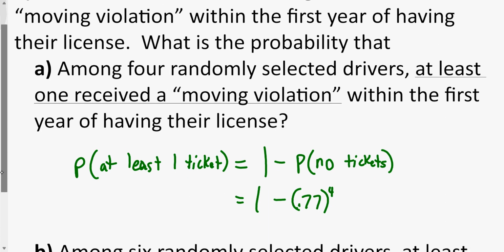Now, by the way, this probability theoretically would change slightly because you're taking one person out, but it's such a huge population. With large populations, we're going to assume that they're independent, okay? Because even if it affects it, it wouldn't be enough to change anything. So the answer is 0.6485. 64.85% chance that at least one of them gets a ticket.